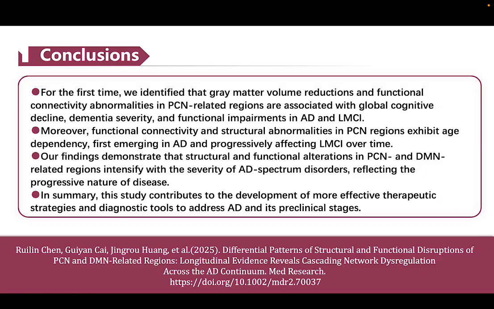Furthermore, structural and functional alterations in PCN regions exhibit age dependence, emerging earliest in AD and progressively affecting LMCI over time. Our findings indicate that abnormalities in the structure and function of PCN and DMN-related regions intensify with the severity of AD spectrum disorders, reflecting the gradual progression from SMC to AD. In summary, this study contributes to the development of more effective therapeutic strategies and diagnostic tools for AD and its preclinical stages.